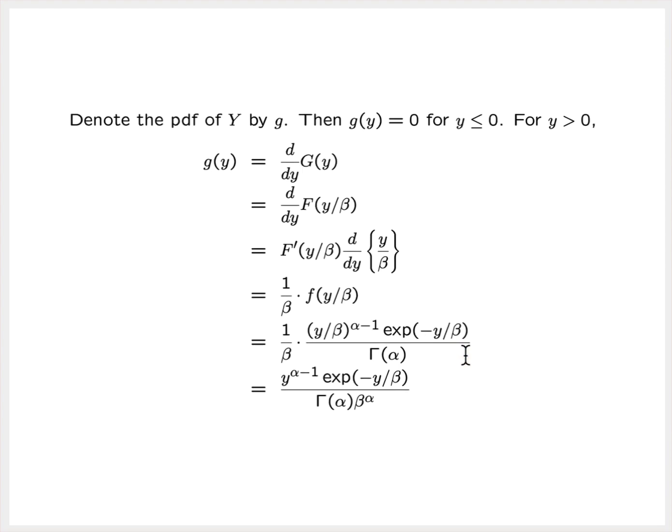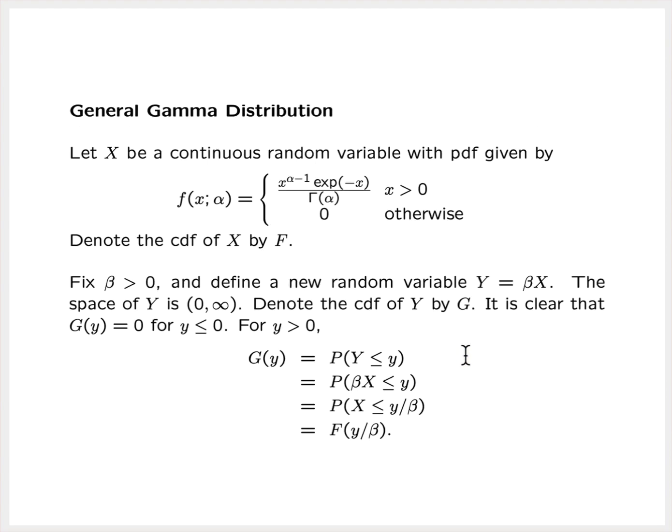And by the way, this technique for finding the PDF of a random variable by first finding its CDF is a general approach called the CDF technique. It's a very helpful way of finding the distribution of functions of random variables.